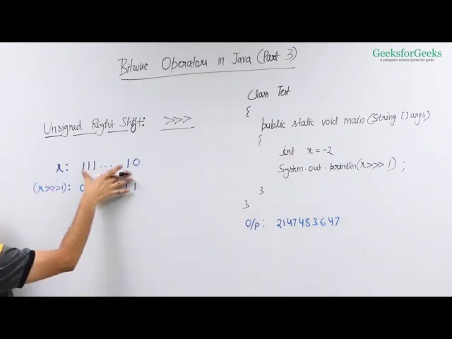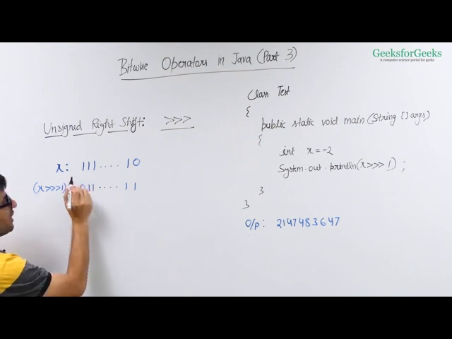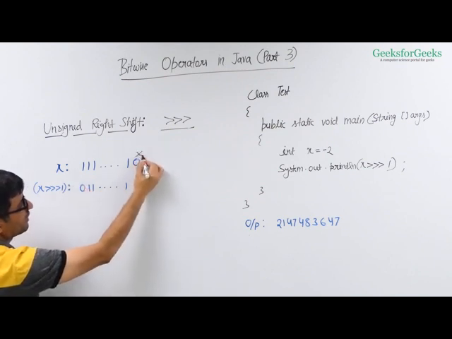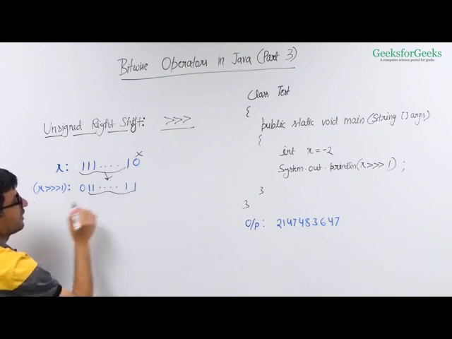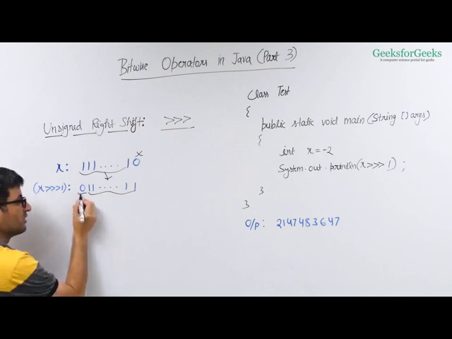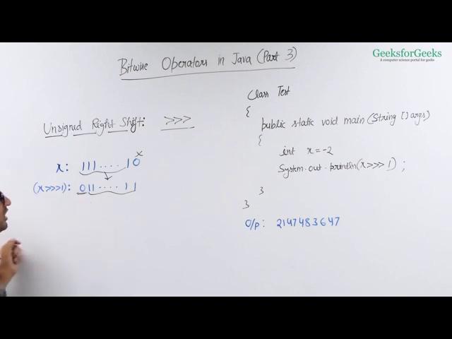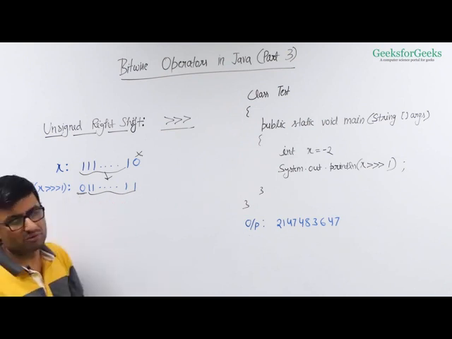whose binary representation is this. When we right shift it by 1, we have this bit removed. These 31 bits move to the right side. And here in the unsigned right shift, we fill it with a 0. So the result that we get is a positive number because the leading bit is 0. Right?